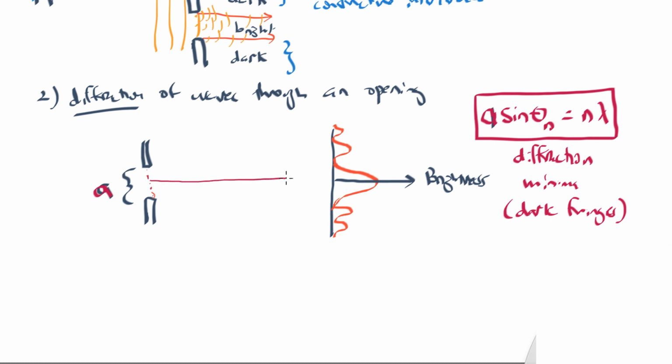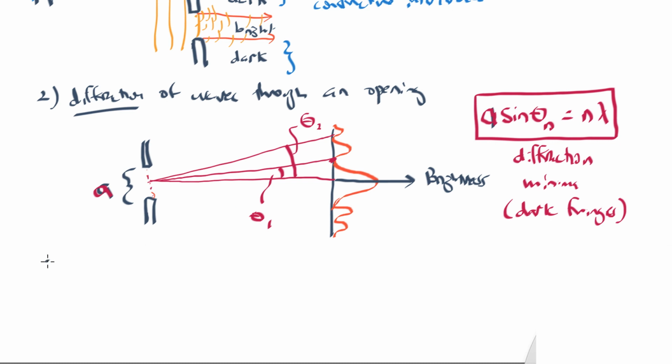So if I were to draw the angular locations of these diffraction minima, this right here would be theta 1, the angular location of the first minimum. This right here would be theta 2, the location of the second diffraction minimum. As you make A smaller and smaller, those angles get larger and larger, so there's actually more spreading of the wave when you have a narrower and narrower slit.